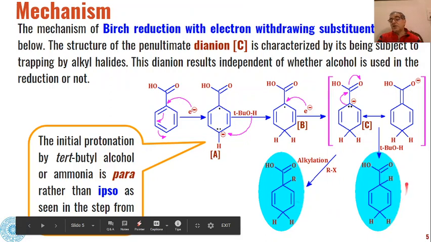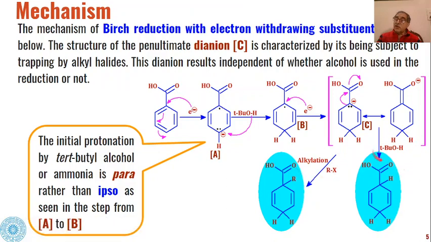So either we can have a proton from the alcohols or an alkyl group from the alkyl halides. So either only reduction will take place, or reduction followed by alkylation can take place if we are using alkyl halides in addition to the sodium in liquid ammonia.